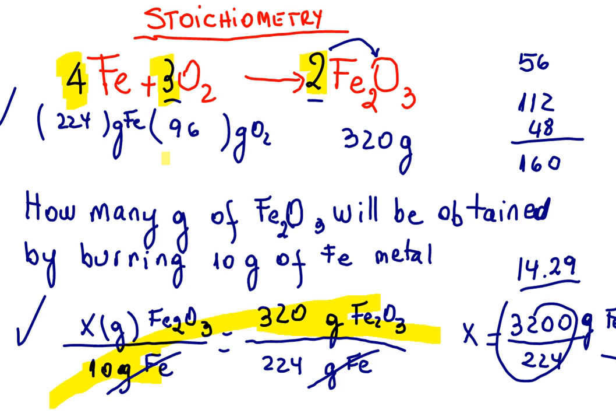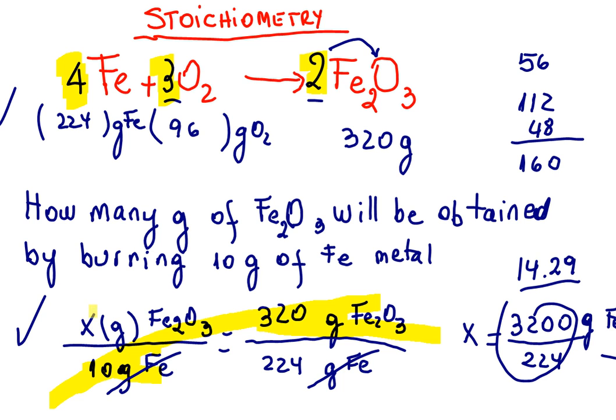So let's say that instead of how many grams of iron 3 oxide will be obtained by burning 3 grams of iron metal, they said how many grams of iron oxide will be obtained burning 10 moles of metal. The thing is going to be the same.